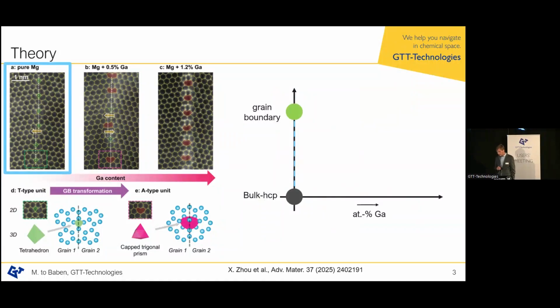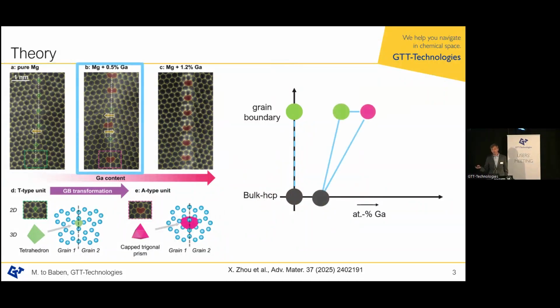Okay, so starting with the first TEM image, we have pure magnesium, HCP, and we have pure magnesium in the grain boundary. As we increase the amount of gallium in the system, we see that we have here something which I would call a three-phase equilibrium, because we have a bulk phase that has a small concentration of gallium in it.